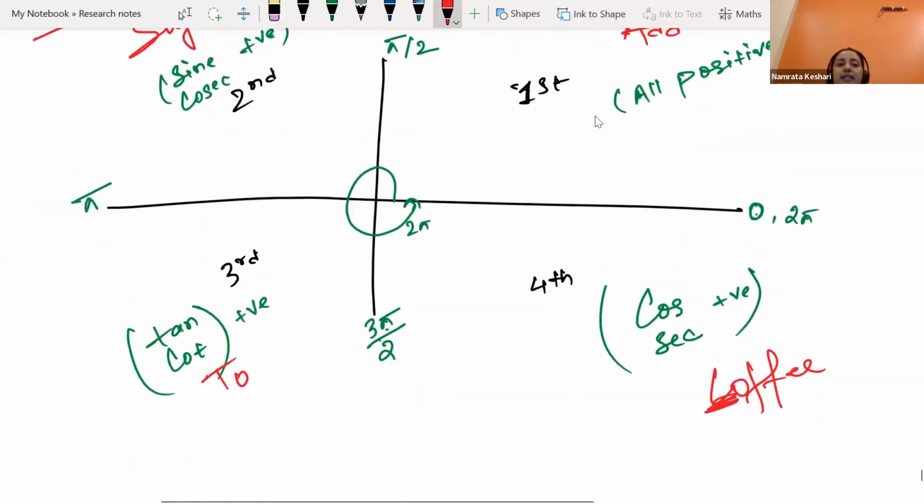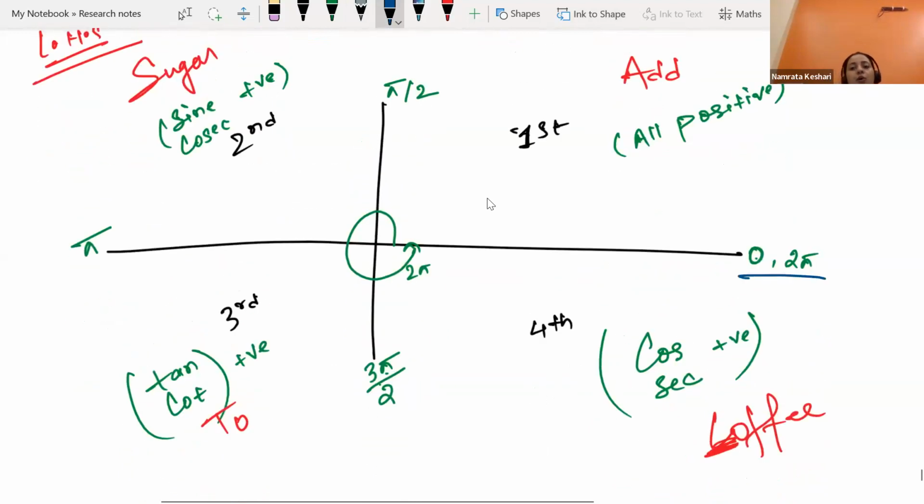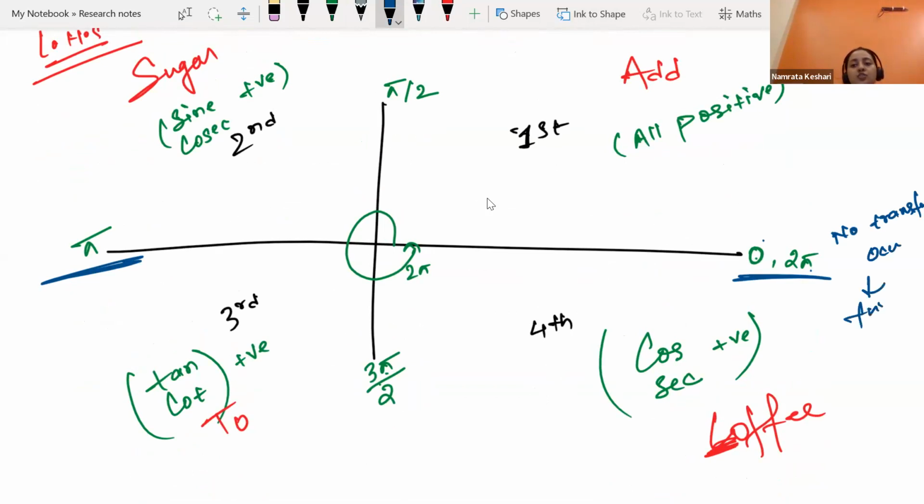Now I was explaining one concept to them: on the x-axis, whatever angles are there, you can see 0 to pi, these are all in radian. For these, the function doesn't change. We call it no transformation occurs, that means the function doesn't change.